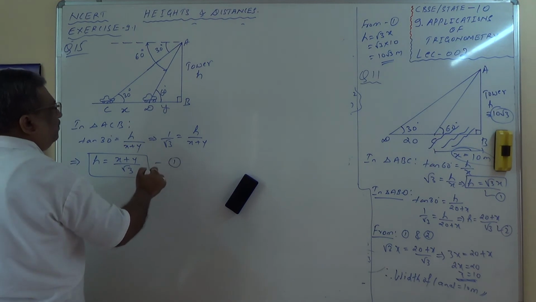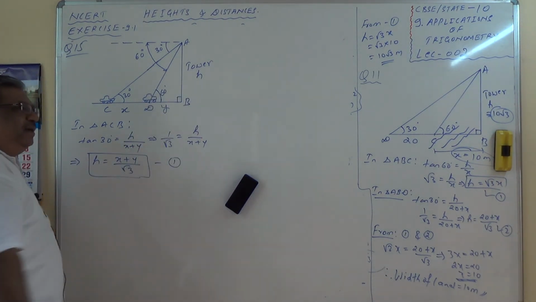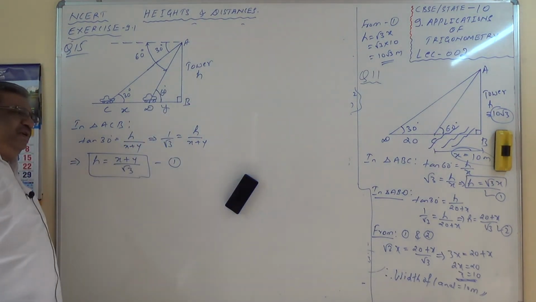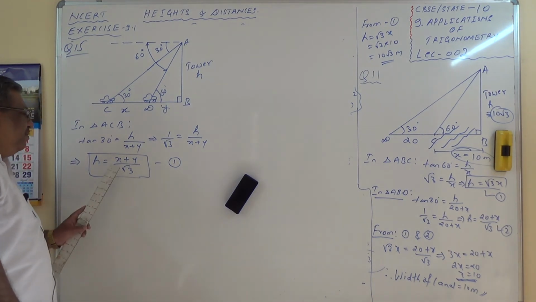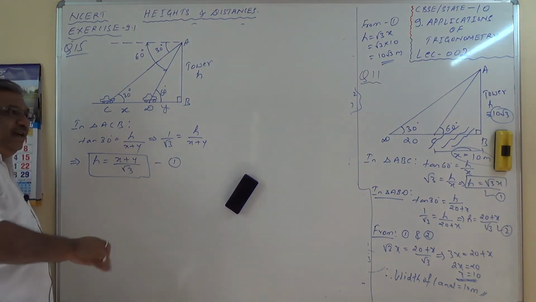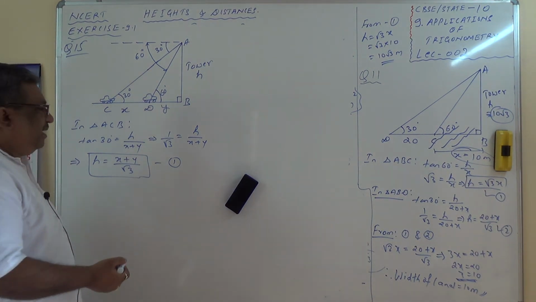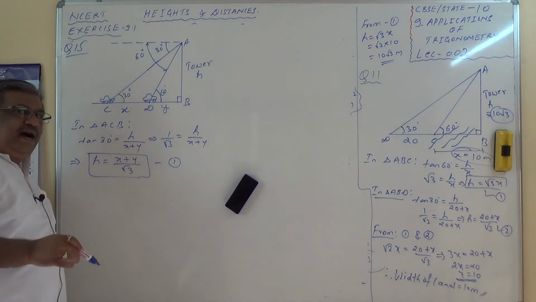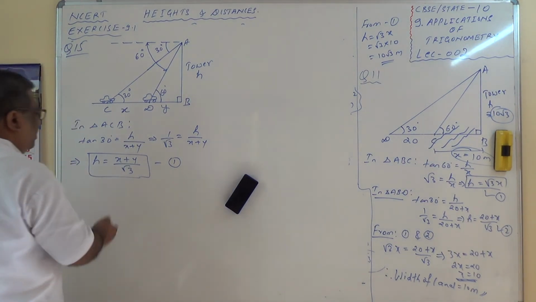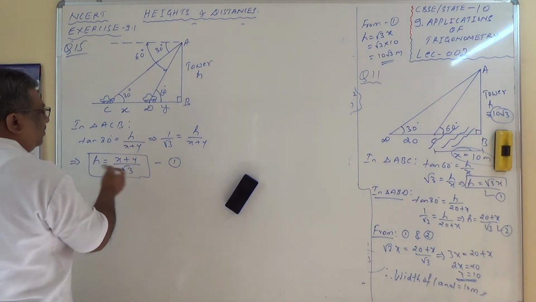Mark it 1. In both triangles h is common, so by equating I should be able to get the relation between x and y. Very important: there are 3 unknowns here, but I can get a very good relation between x and y, after which it is possible to solve the problem.